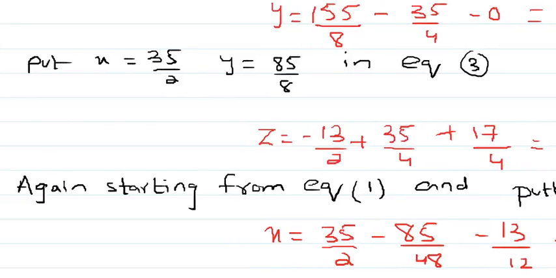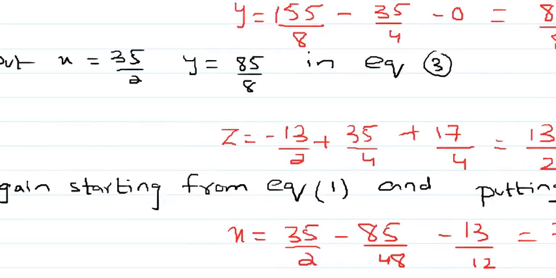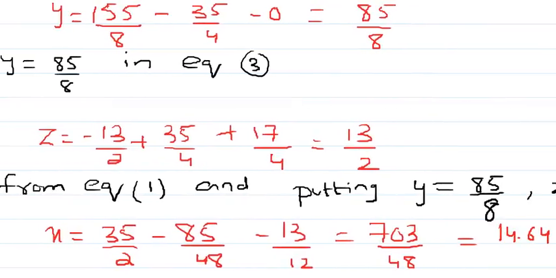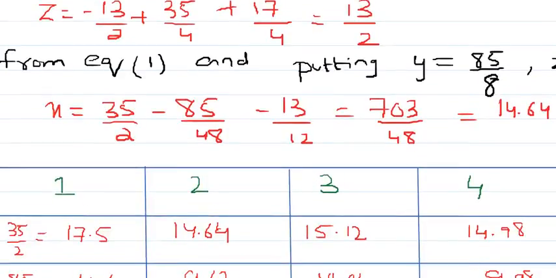Again we apply the same procedure with y equals 85 by 8 and z equals 13 by 2. We get the value of x, and then we use this value of x in the second iteration for getting the value of y2.